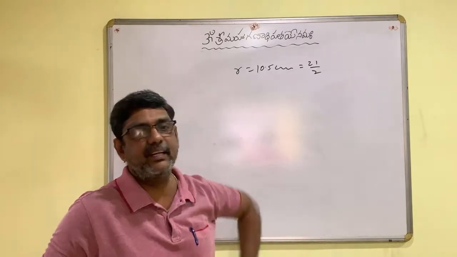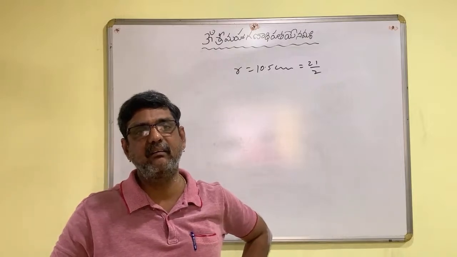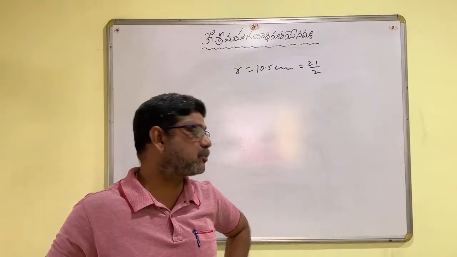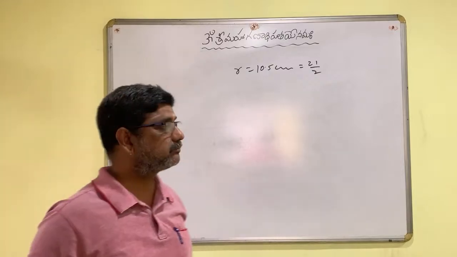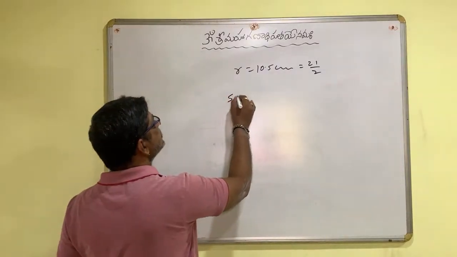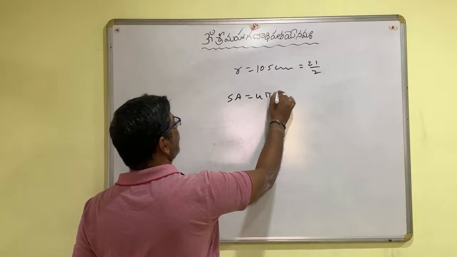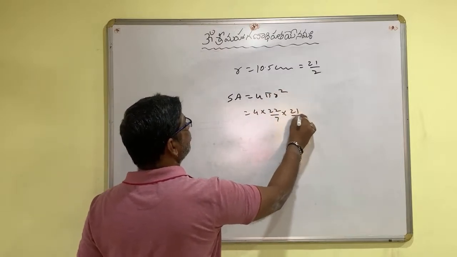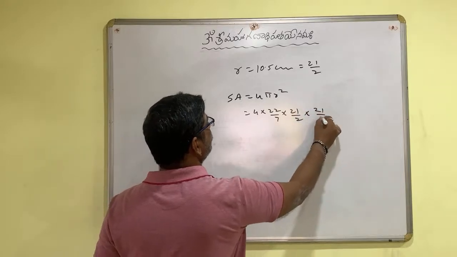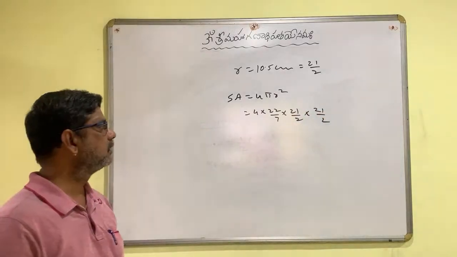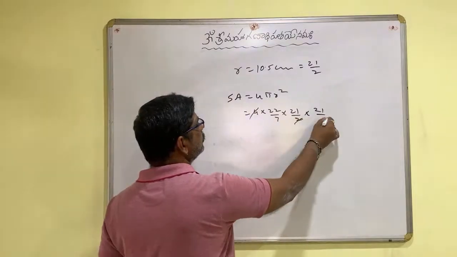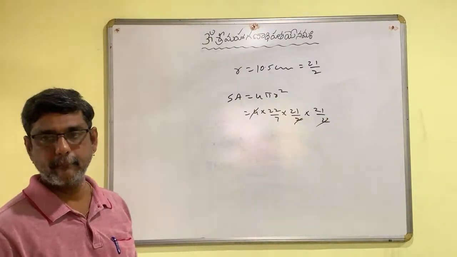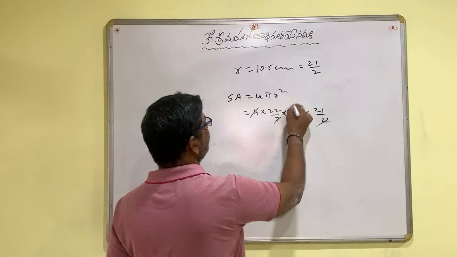See, 10.5, instead of writing it as 105 by 10, write it as 21 by 2, because 21 is a multiple of 7. Now the surface area is 4 pi r square. 4 into 22 by 7 into 21 by 2 into 21 by 2. See, this 4 and these 2's are gone. 7 3's.